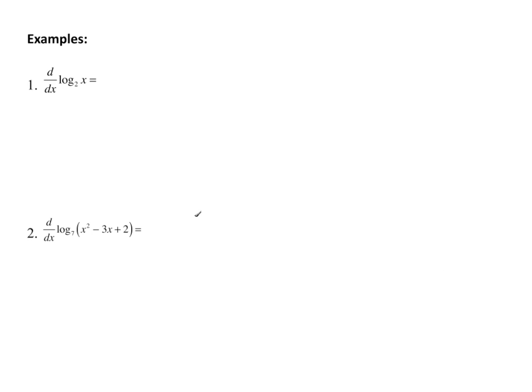So let's take a look at a couple examples here. I need the derivative of log base 2 of x. Now, based on that formula we just showed, this is going to be 1 over the natural log of 2 times x. And obviously, you can pull the x out here if you like. And I'm going to rewrite this just so that, again, it doesn't look all that magical.